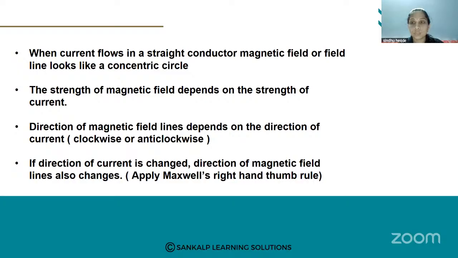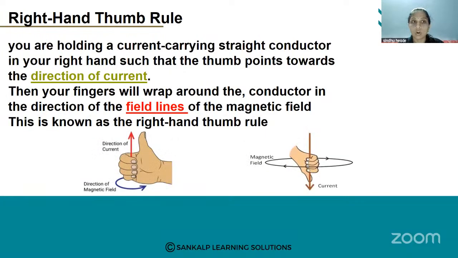Next, fourth one. Before showing the direction, we must apply one important rule, called the right hand thumb rule. What does the right hand thumb rule say? Its statement is very important. When we show the direction of magnetic field lines around a straight conductor, we apply the right hand thumb rule.